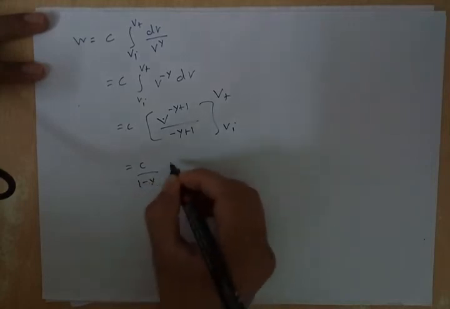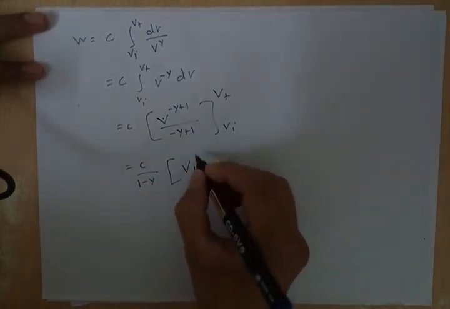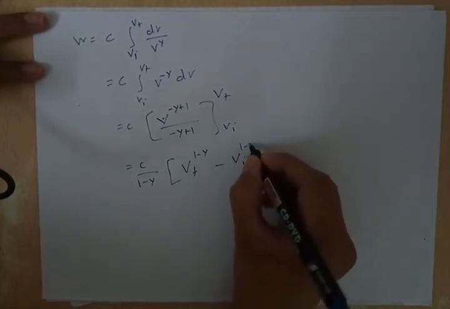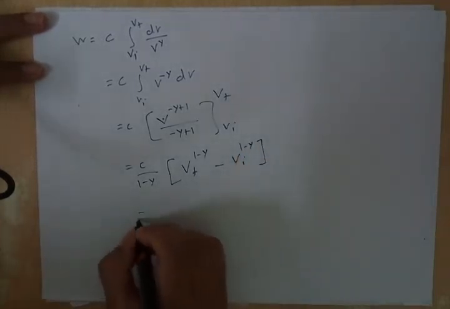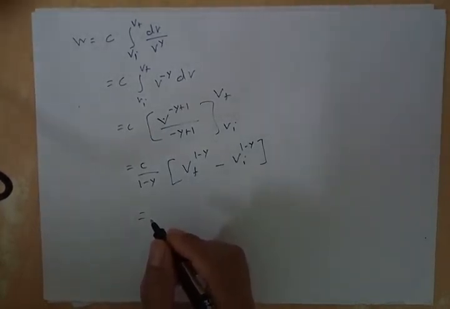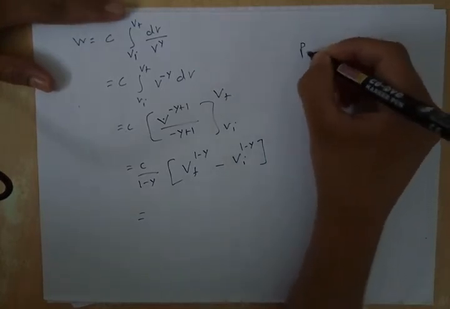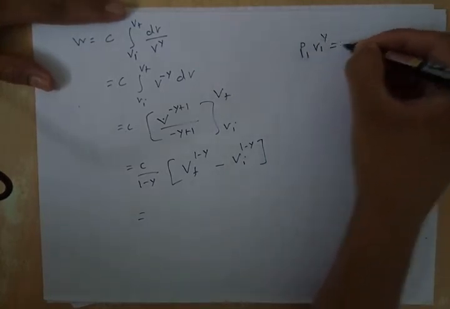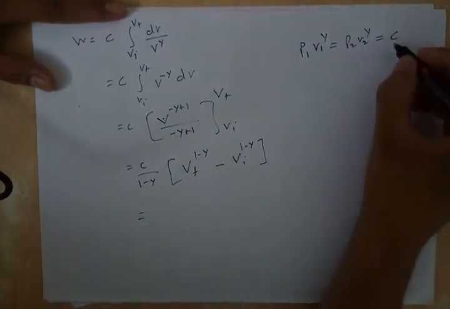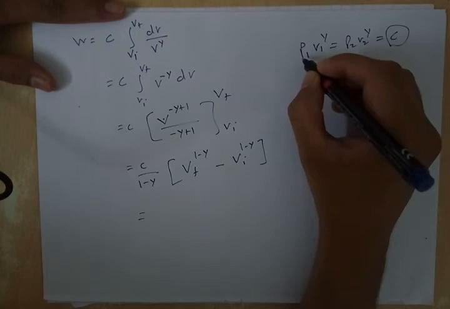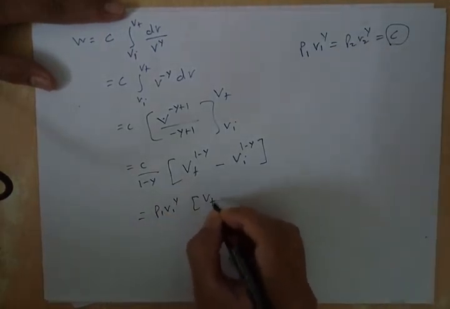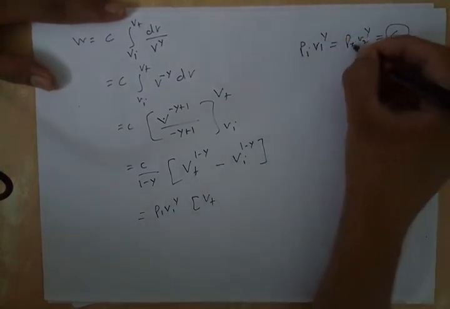So over 1 minus gamma, Vf raised to 1 minus gamma minus Vi raised to 1 minus gamma. Now P1 V1 raised to gamma is equal to P2 V2 raised to gamma is equal to constant. So we can put constant is equal to P1 V1 raised to gamma. Actually Pi Vi raised to gamma, Pf Vf raised to gamma.